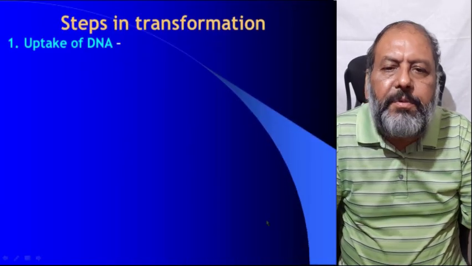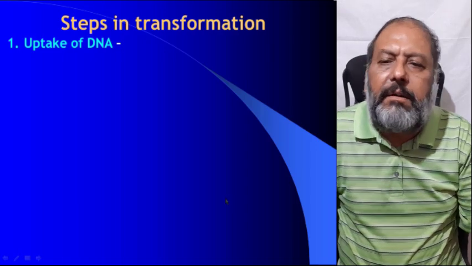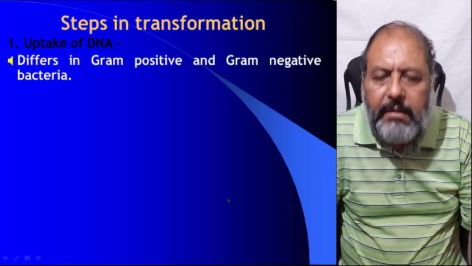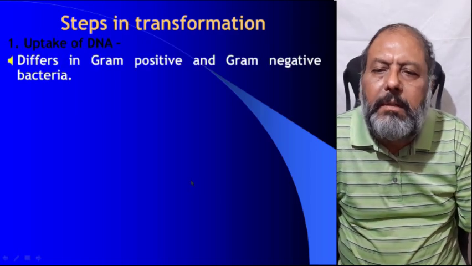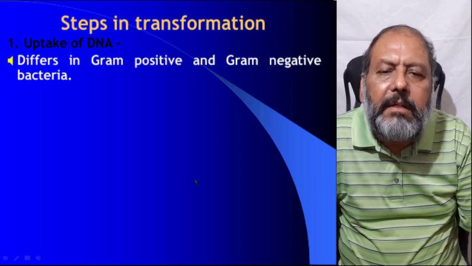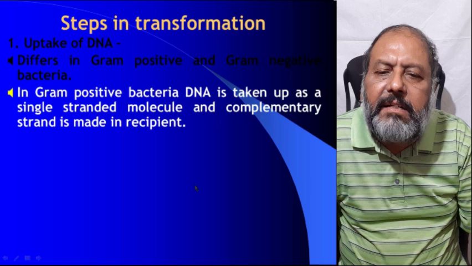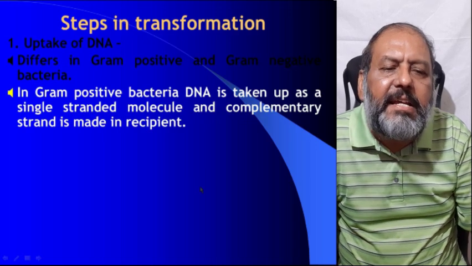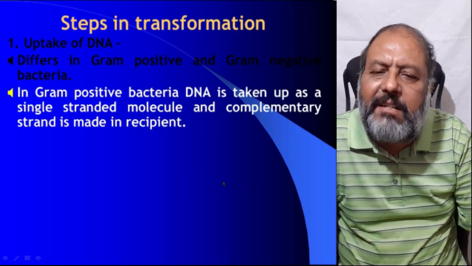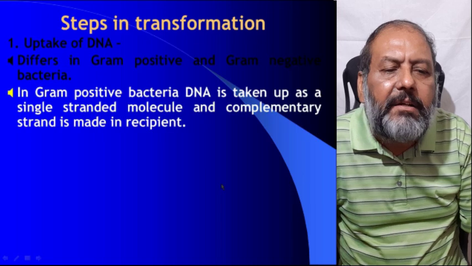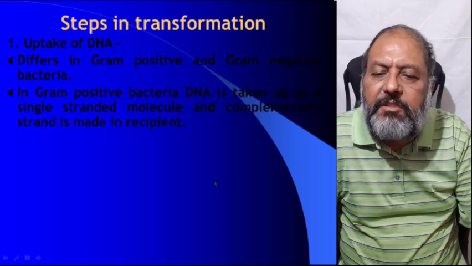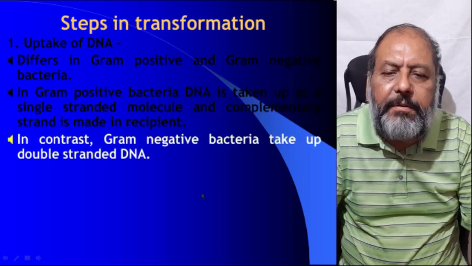The steps in transformation are: number one, uptake of the DNA; number two, this differs in gram positive and gram negative bacteria. In gram positive bacteria, DNA is taken up as a single stranded molecule, and the complementary strand is made in the recipient.